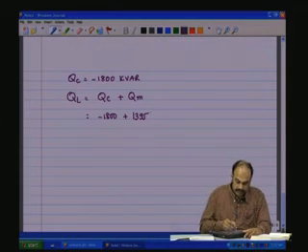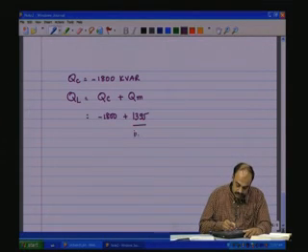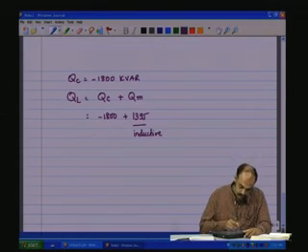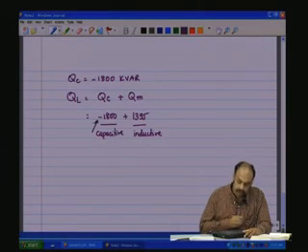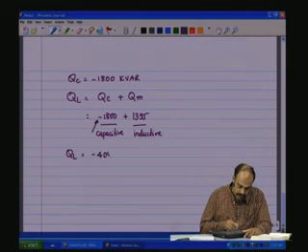In the power diagram we have inductive as positive, and capacitive as negative. Therefore, QL in total will be minus 405 kVAR.